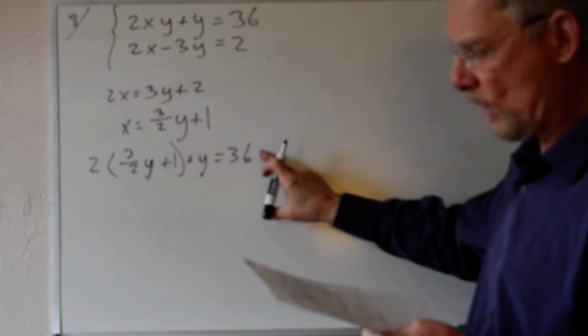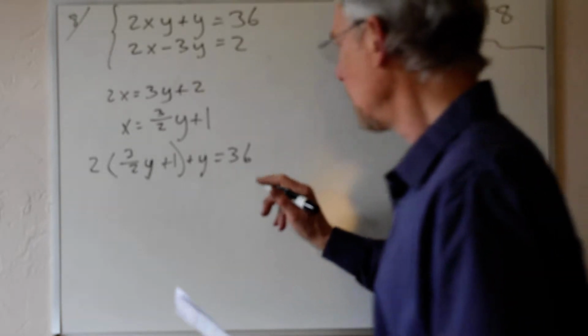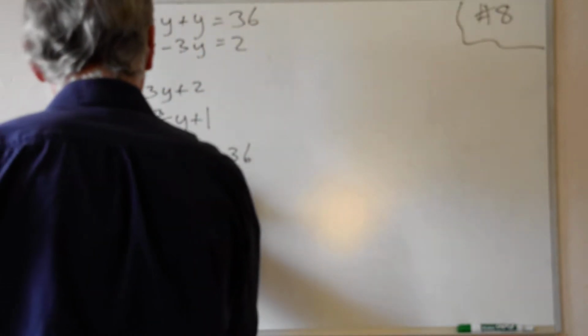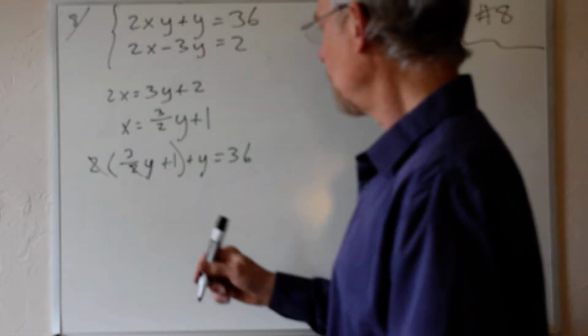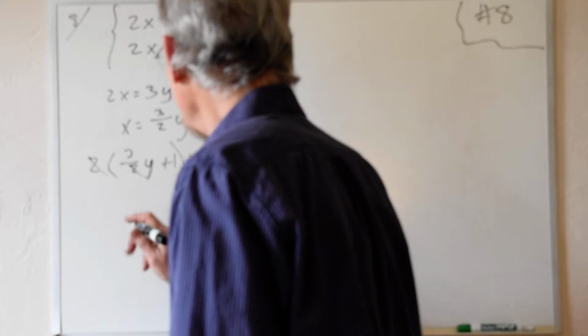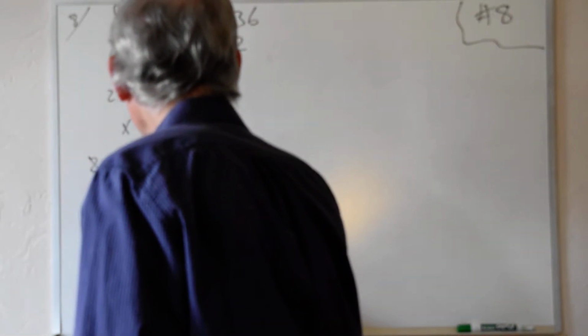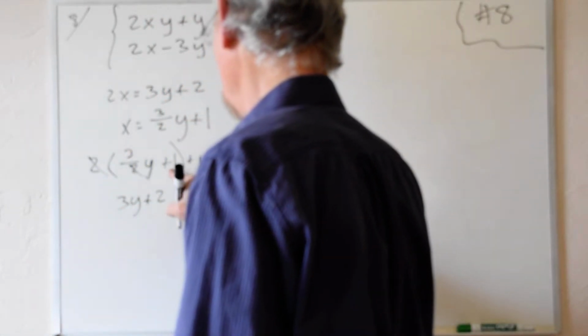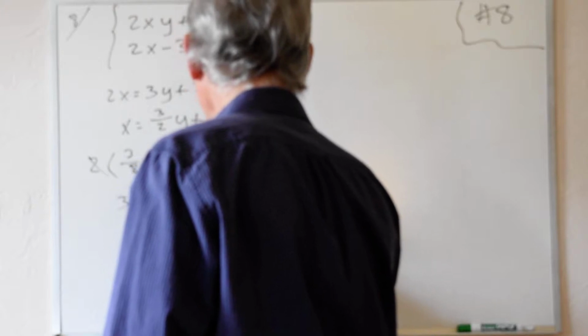So now I have an equation in just one variable. I can solve for that variable. Well, nicely. All these great problems they give us in this book. The numbers work out nicely. The 2's cancel. I get 3y plus 2. The 2 multiplies the 1 plus y equals 36.